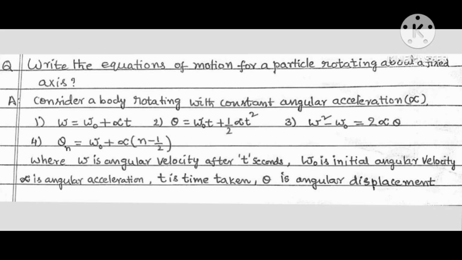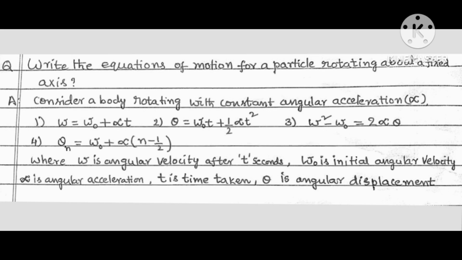2. Theta equal to omega naught t plus half alpha t square. 3. Omega square minus omega naught square equal to 2 alpha theta. 4.